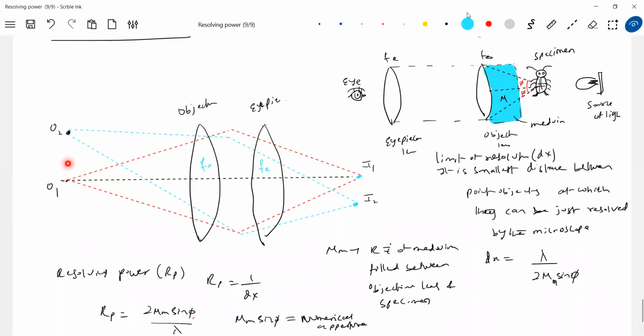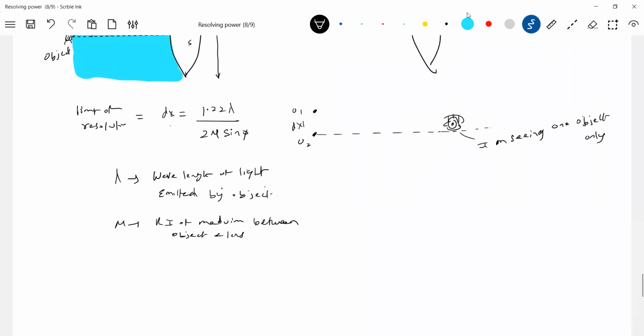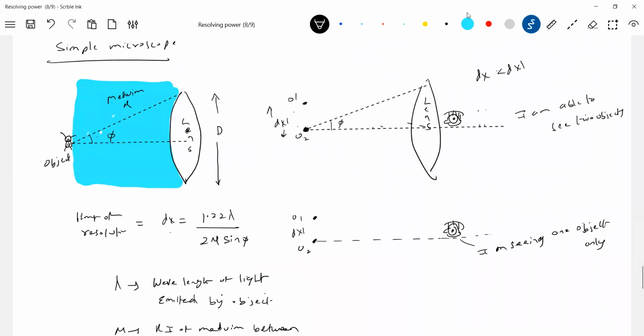Tell me, this separation dx, shall I say dx is this one, no? So how do you have to check it now? I think I gave one more diagram earlier. Yeah, it is like this, the same approach as the simple microscope.